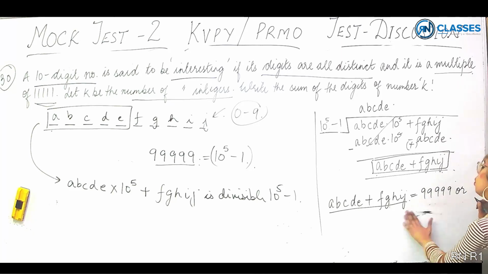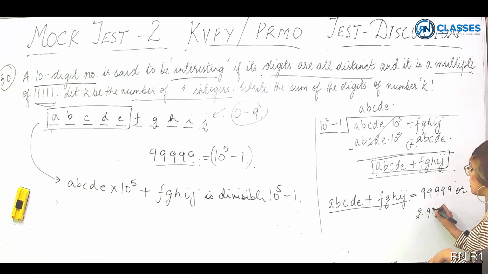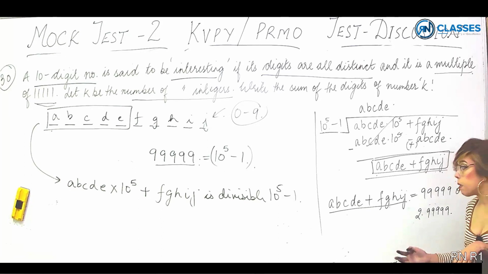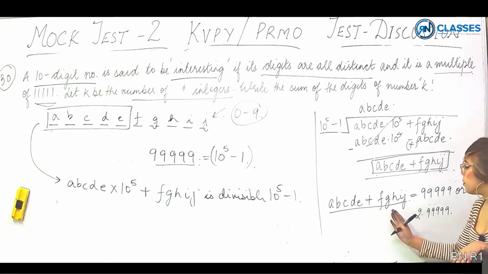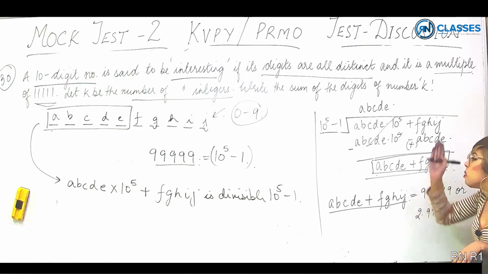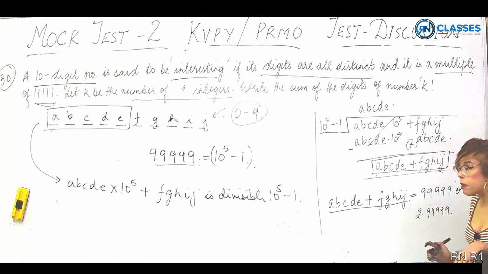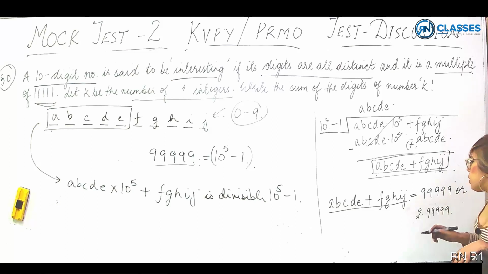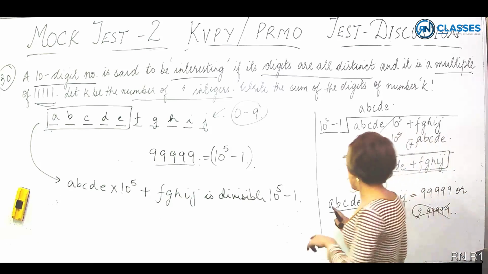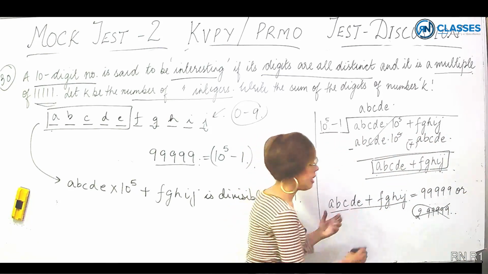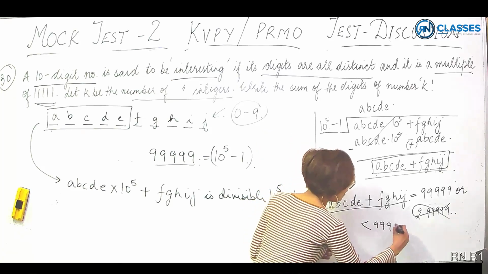Or maybe I can say 2 into 99,999. But further multiples won't be possible, because adding two 5-digit numbers will not give me 3 into 99,999. So now that I think about it, even this multiple is also not possible. Why? Because A, B, C, D, E, all distinct digits, is definitely less than 99,999.